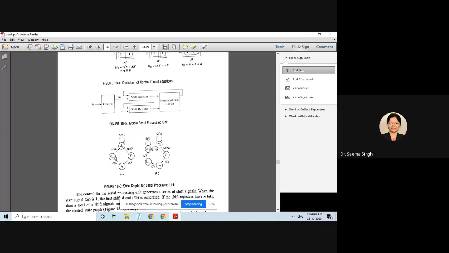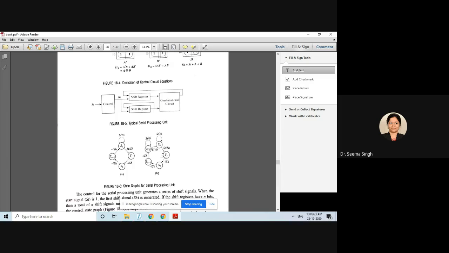And this dotted line says that till it reaches the last but one state, it will keep on shifting. When it reaches the second last state, for the final state change, it goes to S0 with the last shift. So you can see this dotted line, and this is for n-bit addition, because they can't keep on doing S3, S4, S5, S6, and so on. So they have shown S2 to Sn minus 1.